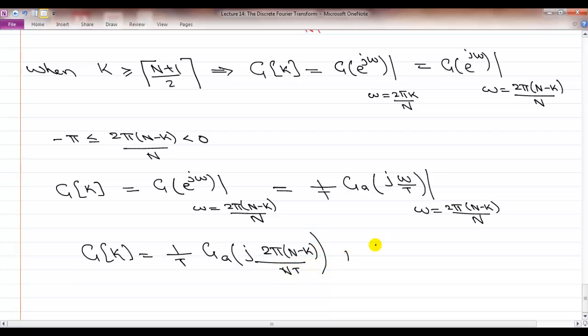This is the relationship when k is greater than or equal to N plus 1 divided by 2, ceiling.